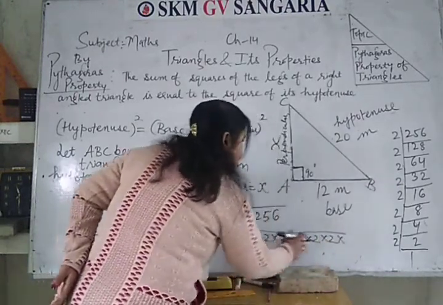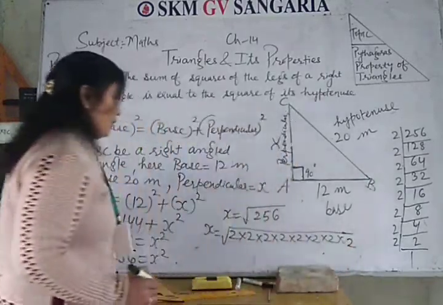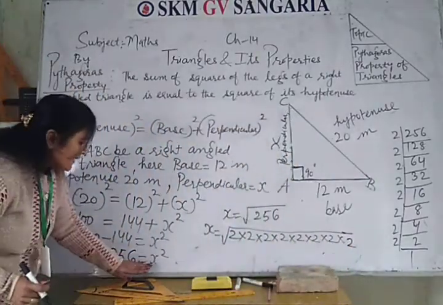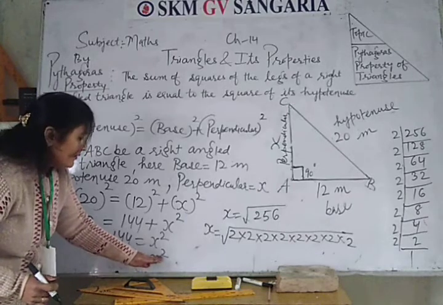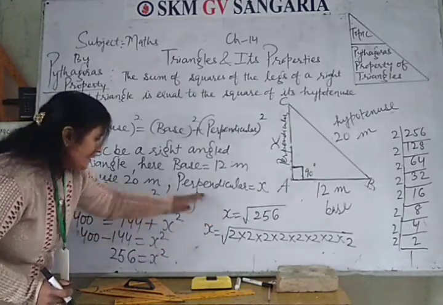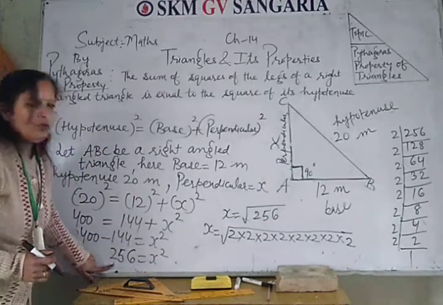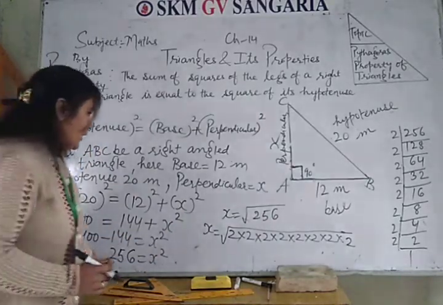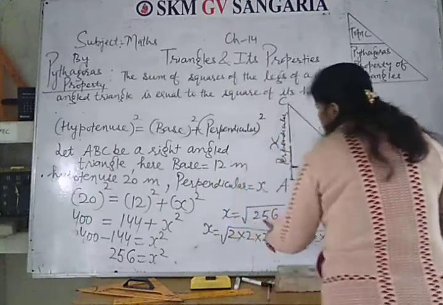Now, when x square is on this side, then to find the value of x, this square becomes square root on the other side. So this symbol is for square root.